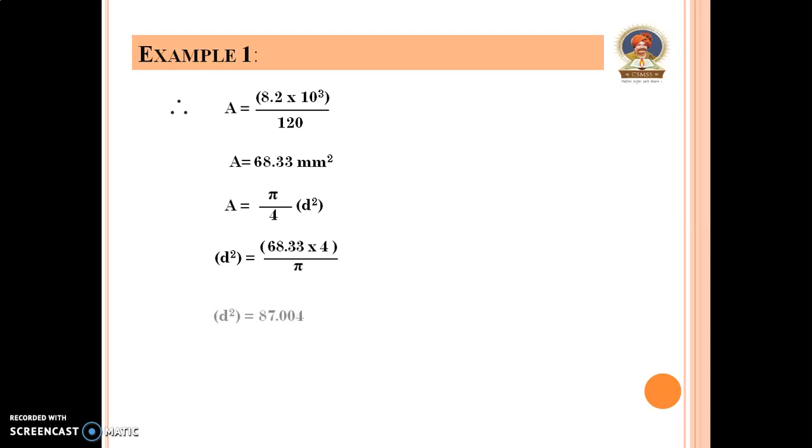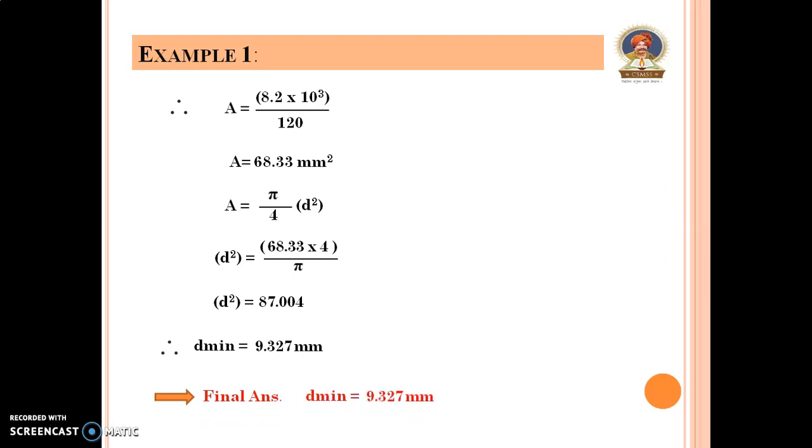Therefore d square is equal to 87.004. Now taking the square root on both sides, we get d min is equal to 9.327 mm. So the final answer is minimum diameter of steel wire 9.327 mm.